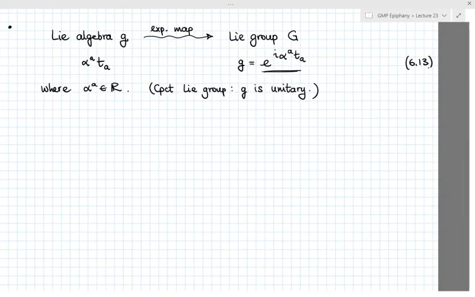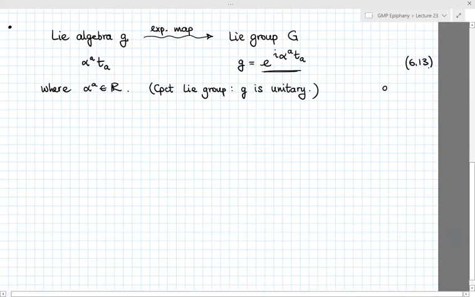So note here that I use G both for the element of the Lie group and for the Lie algebra. Well, the two G's are hardly going to be distinguishable in my handwriting. I'll try to write something like this for the Lie algebra and this for the group element.